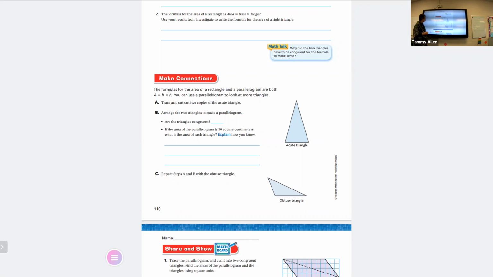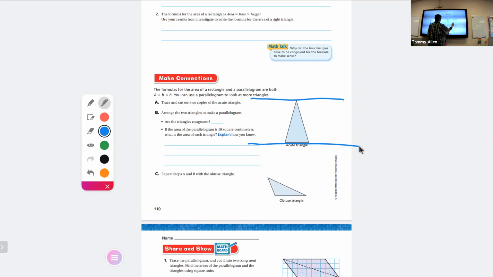But if we take a look at this acute isosceles triangle, our height would be as though we were looking at how tall that triangle is, right? So we need to know straight up and down, the perpendicular, how tall it is.